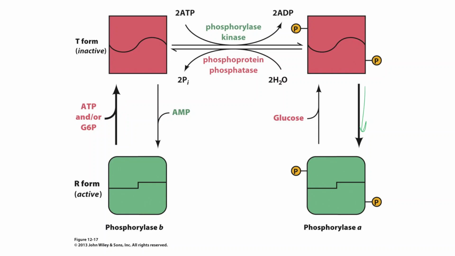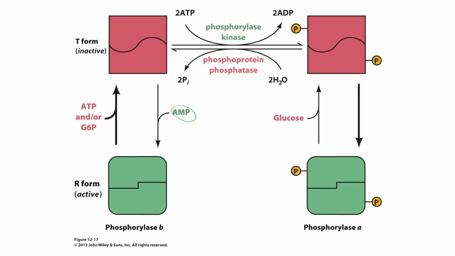We know our active form is on the bottom in green. Our inactive form is on the top in red. What on this picture is an allosteric effector that helps shift towards the more active form? Yeah, AMP, exactly. So AMP helps shift this equilibrium towards the active form.